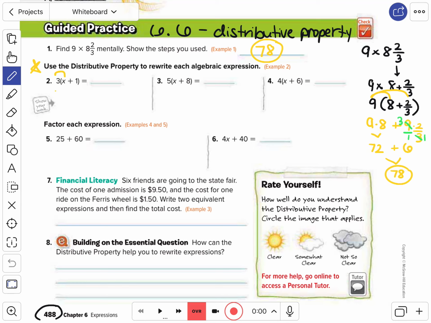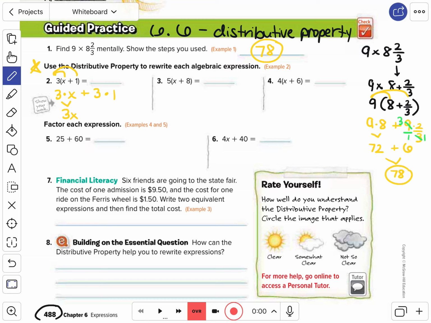3 times x. And then again, this is addition in the middle. Now draw your next arrow, 3 times 1. So 3 times x plus 3 times 1. Now let's simplify. 3 times x is just 3x.